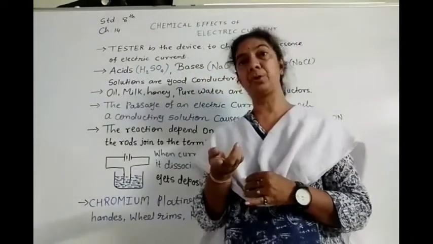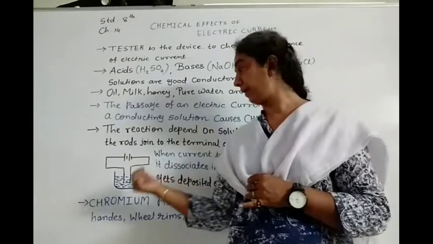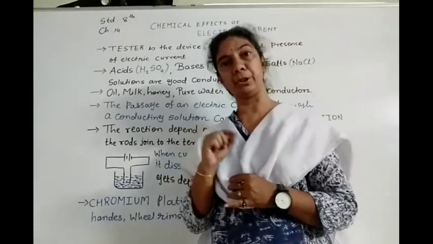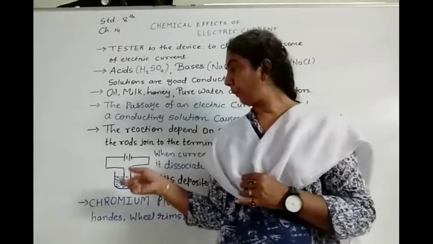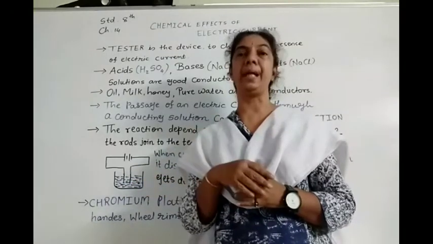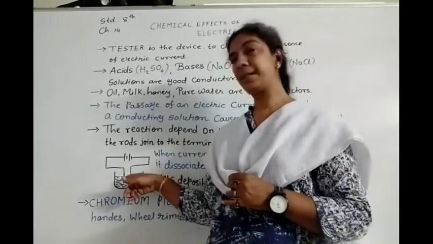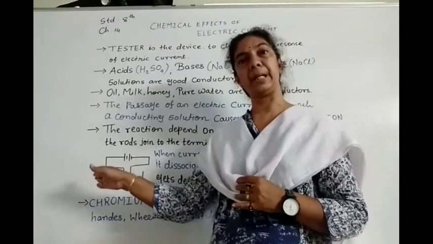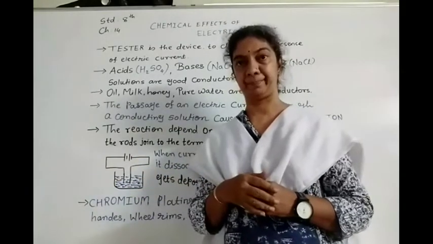Then what happens to the copper ions which are released from this copper sulfate solution? Those copper ions are regained from the positive terminal where we have connected another copper plate.